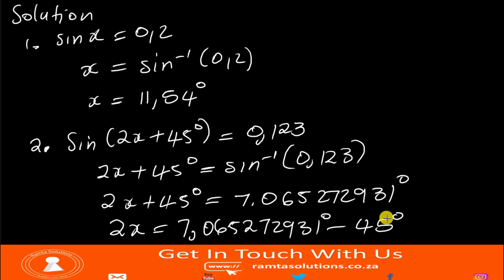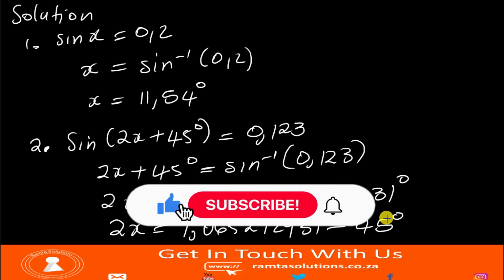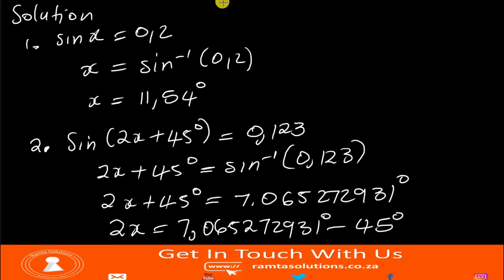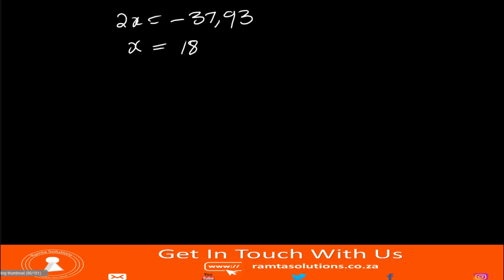But if, for example, you are leaving your answer to 2 decimal places, working with about 5 to 6 decimal places in the middle of calculations won't really affect your answer. Even 4 won't really affect your answer. Okay? So let's just take it like that. So now when we minus 45 degrees, what do we get? We get 2x equals negative 37.93472707, isn't it?